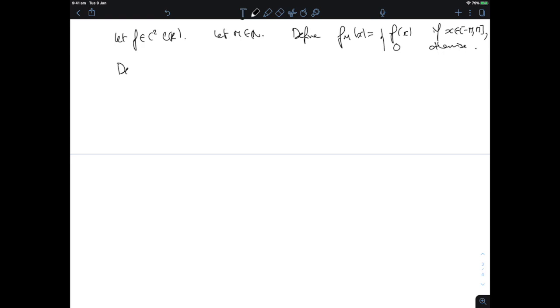So we also define a family of stopping times. We define tau_m to be the infimum of s greater than 0 such that |B_s| is greater than m.